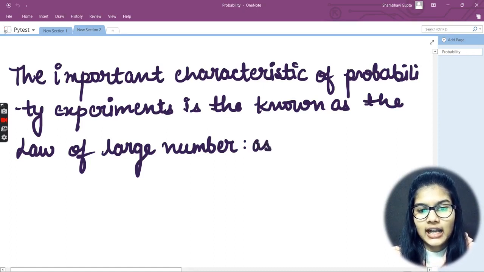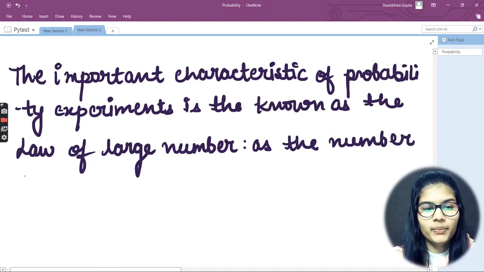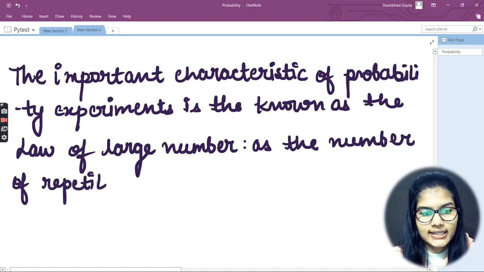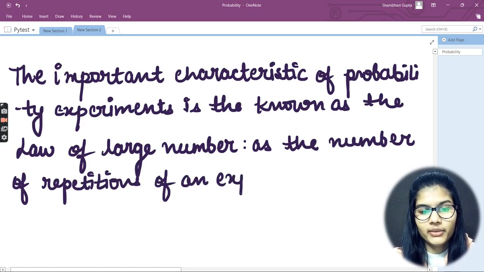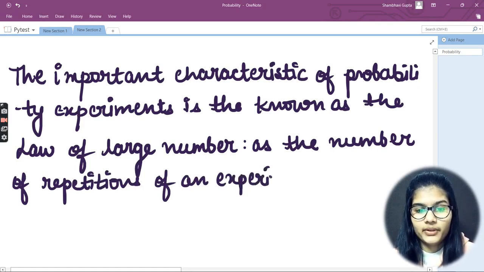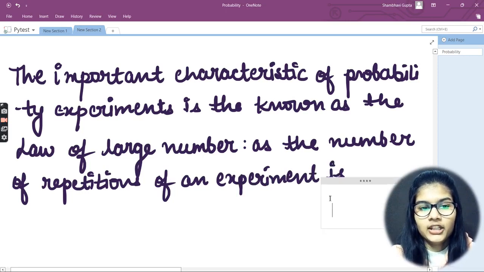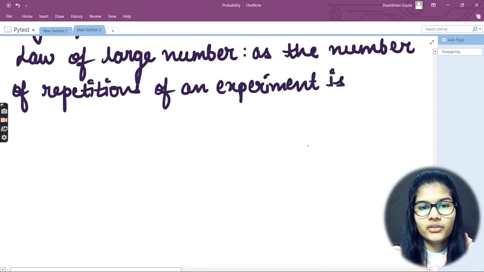Now let's start here: as the number of repetitions of an experiment is increased. The law of large numbers says that as the number of repetitions of an experiment is increased, I'm just interpreting it like that, okay?